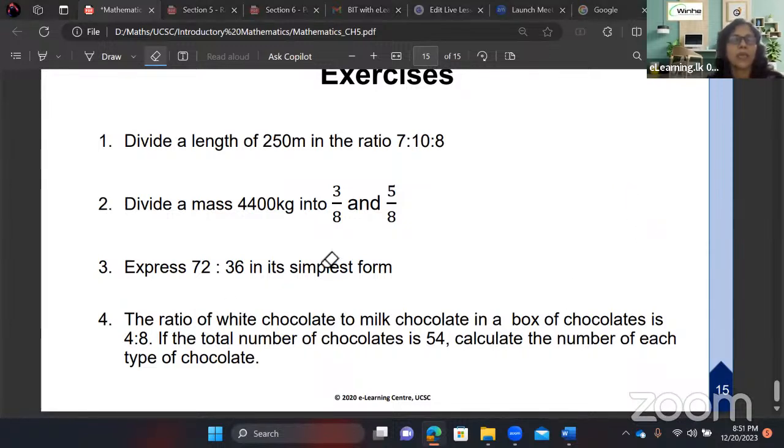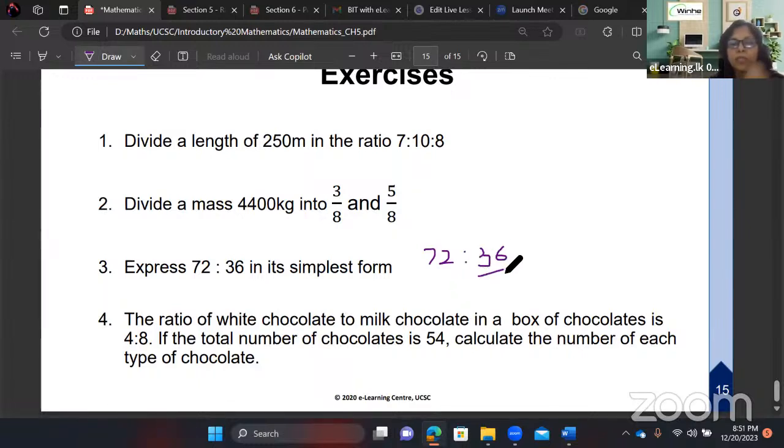Right. How do we express this in simplest form? Simplest form means we should check whether we can simplify this further. You can calculate this into the smaller value.